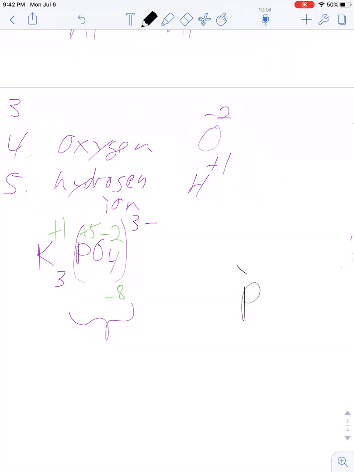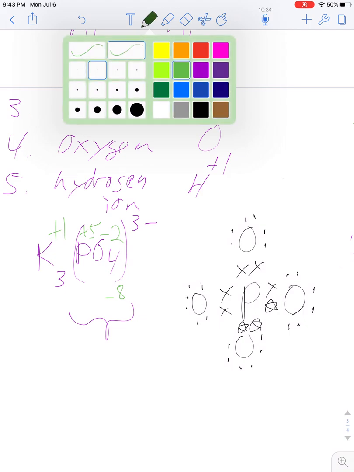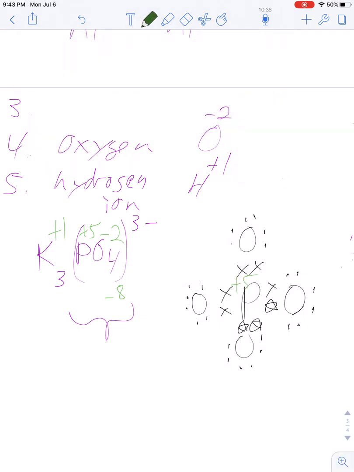Now this is where I'm going to show you that these oxidation numbers are made up. If we do the Lewis dot structure, here's phosphorus, here are my 4 oxygens. Because it has a -3 charge, it means there are 3 extra electrons that I got from somewhere else. So the fact that phosphorus has a +5 oxidation does not mean there is a +5 charge on the phosphorus.